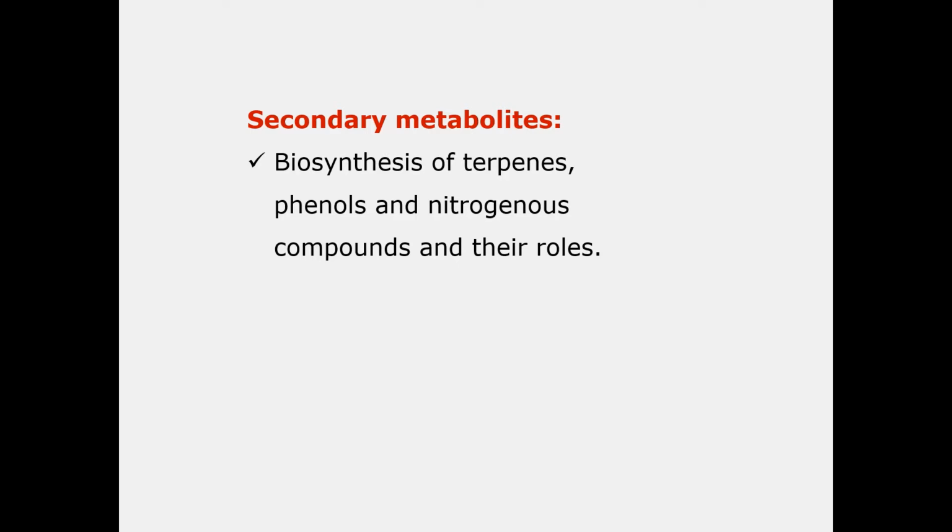And in the case of phenols, you can remember the pathway shikimic acid and malonic. Don't be confused with terpene pathway and phenolic pathway. And classification of phenols and different nitrogen containing compounds and their function. Okay.